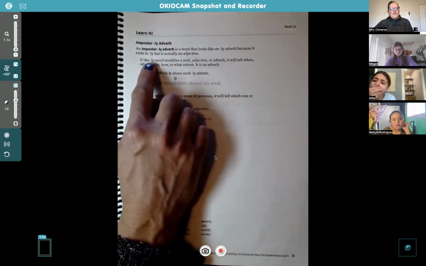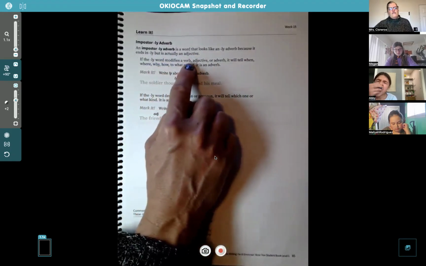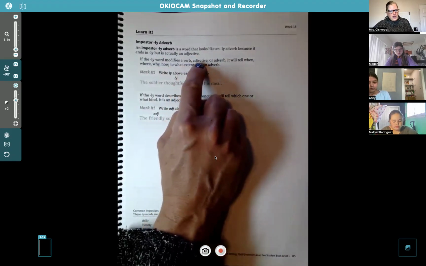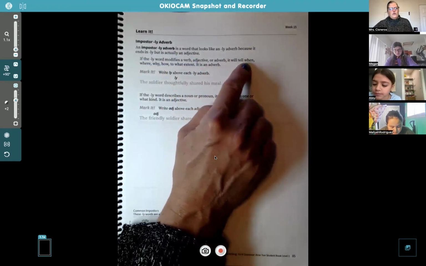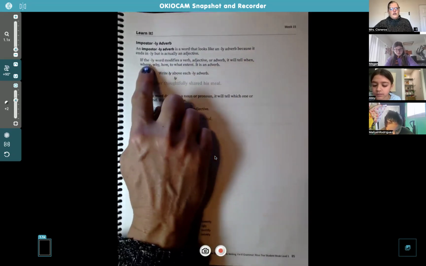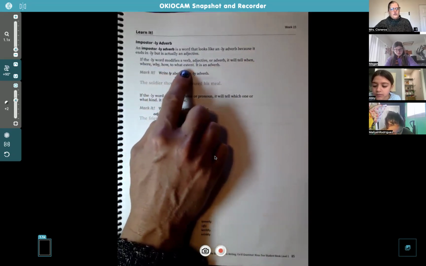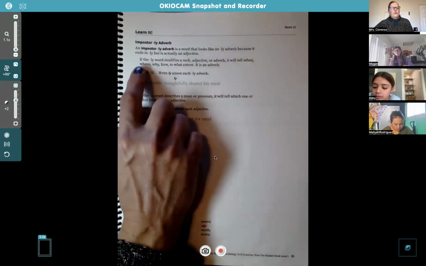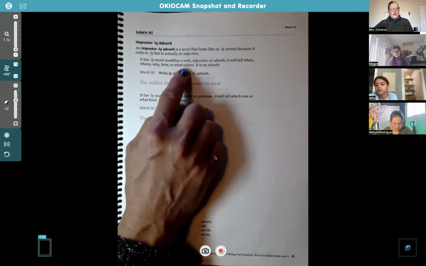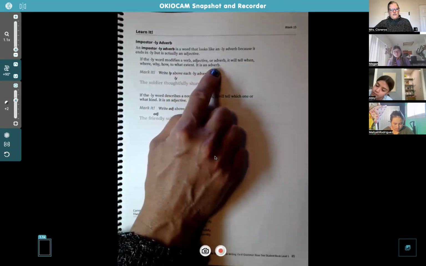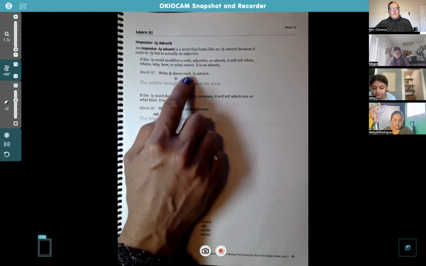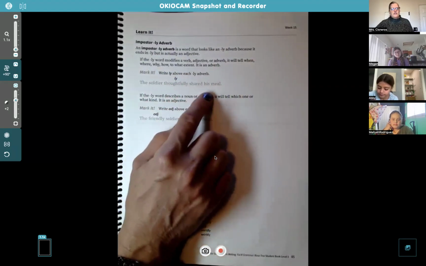If the ly word modifies a verb, that means if it tells more about the verb, or adjective or adverb, it will tell when, where, why, how, and to what extent. That's what you're looking for when you're looking for an ly adverb. It is an adverb. So you're just going to look for it in this book and then write ly above each ly adverb.